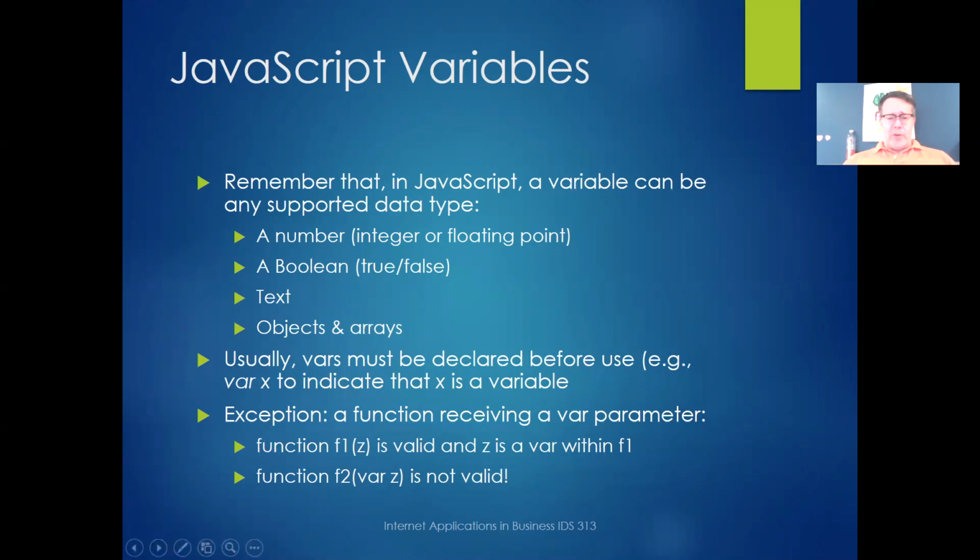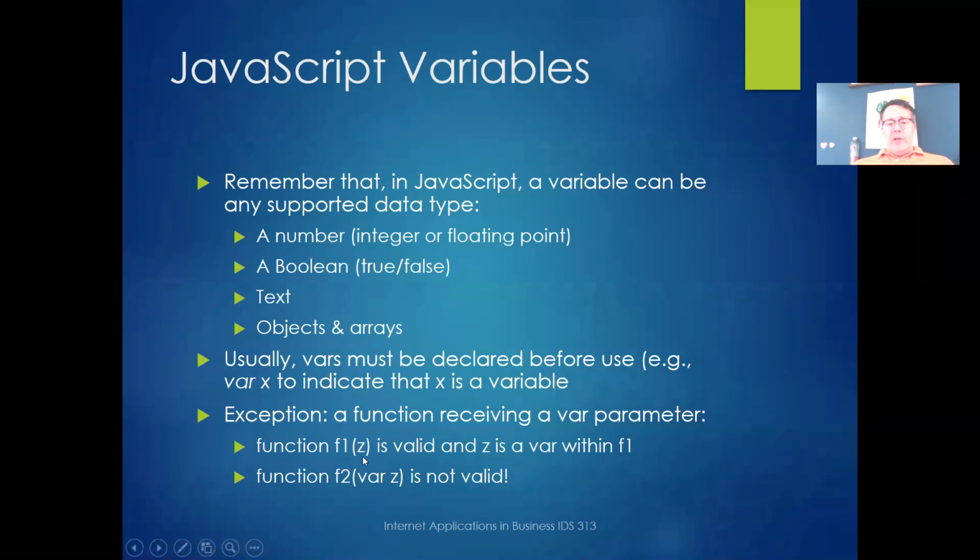But in JavaScript, it's different. The reason is, since everything's bundled into var anyway, there's not any compelling reason to identify things as one or the other, because JavaScript is just going to know. It's going to be context dependent what type it is. So if you have a function, here's our function f1, and it accepts a parameter z, okay?